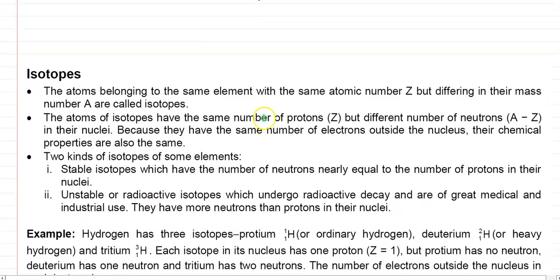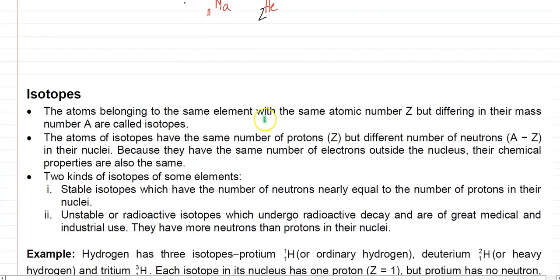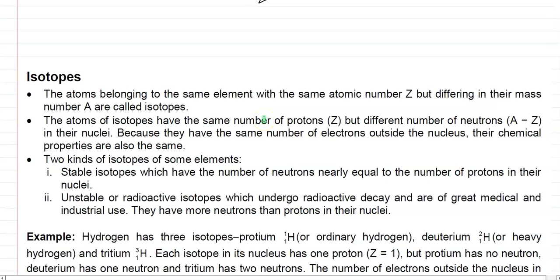But there are some elements which have the same proton number but different neutron numbers. That means different mass number but the same material, because the same proton number. These are called isotopes, so the definition of isotope is very important. Atoms belonging to the same element, with the same atomic number, but differing in their mass number, are called isotopes.